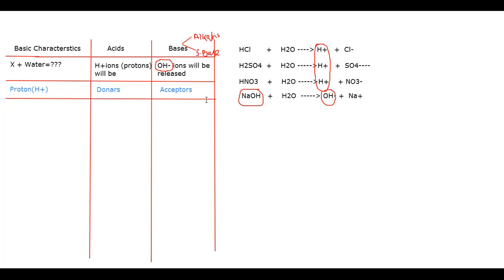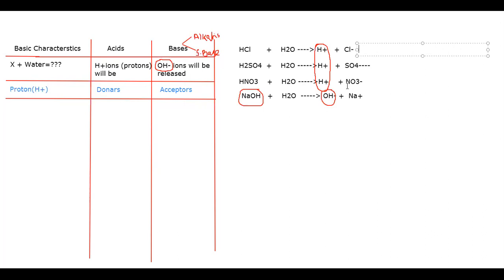I'm just going to draw one structure here: HCl plus H2O. This is not a complete equation. What happens when the hydrogen ion and chloride ion are found inside the water? These hydrogen ions make something very unique.